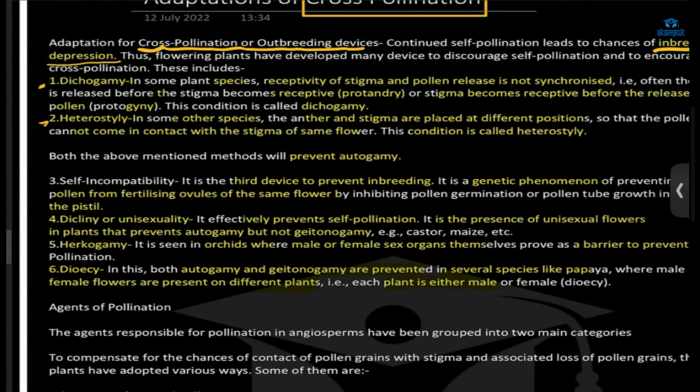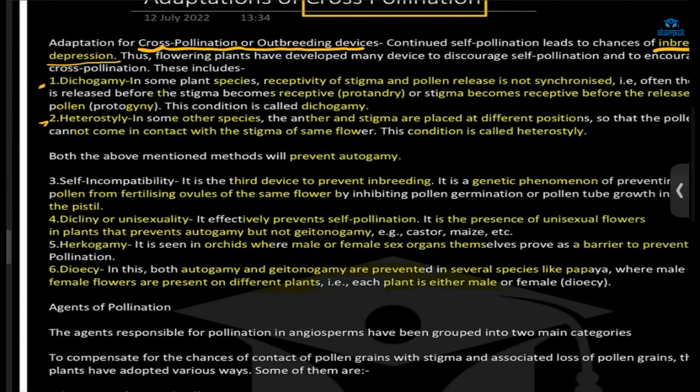The stigma will see whether it is my type of pollen grain, my species, and whether it is of the same genotype. Same genotype, the alleles, everything is same. If it doesn't want self pollination, then it will prevent the pollen grain from germinating. It will prevent inbreeding depression.